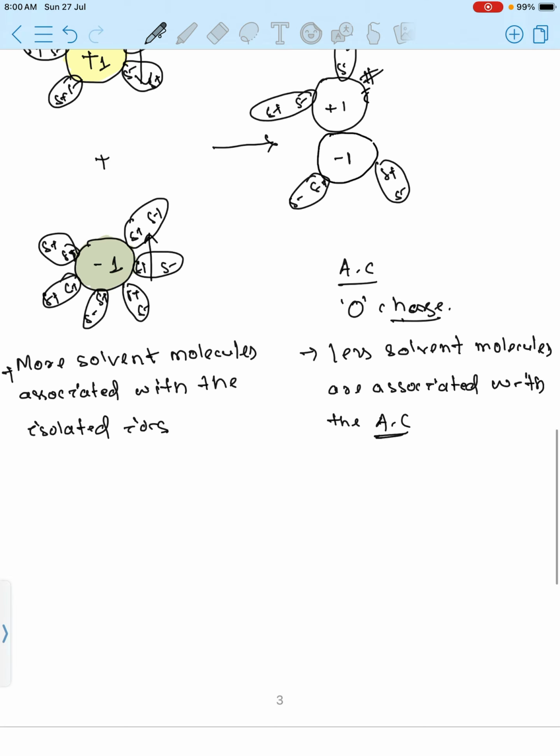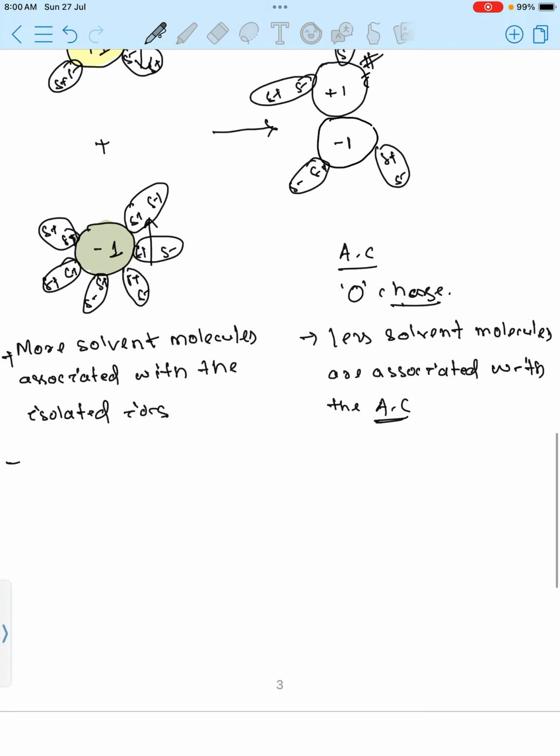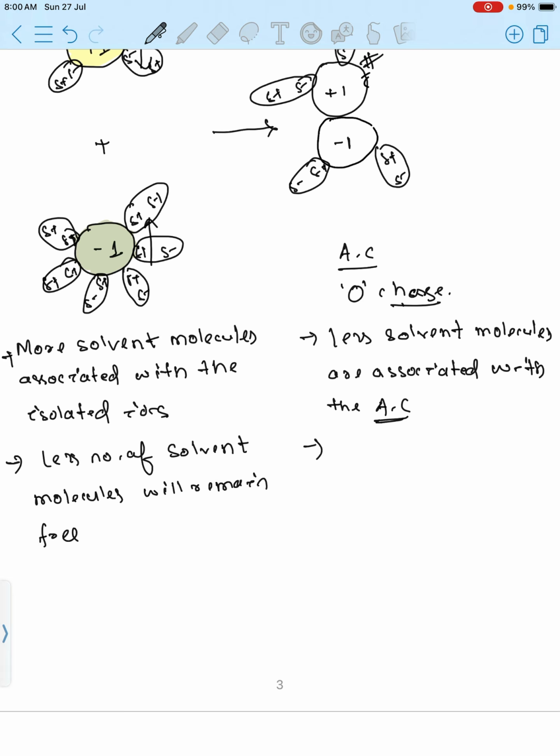As a result, here a large number of solvent molecules, and there a smaller number of solvent molecules, will remain free.